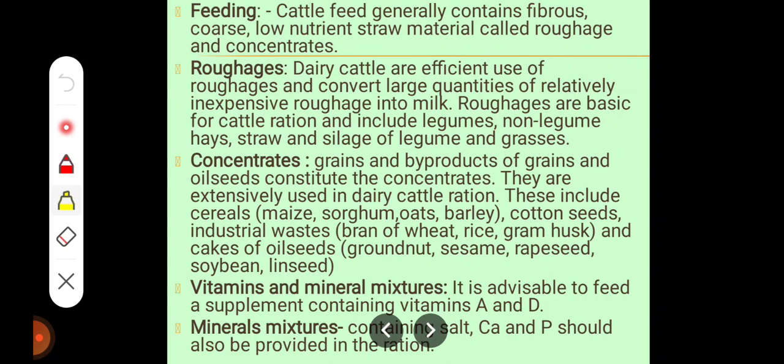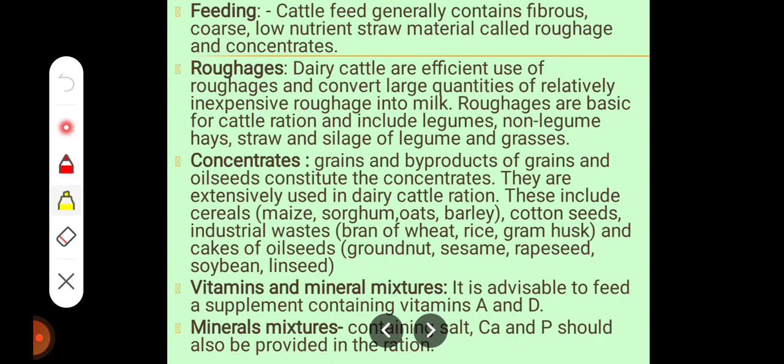Breeding cattle feed regularly contains fibrous, porous, low nutrient straw material called roughages and concentrates.